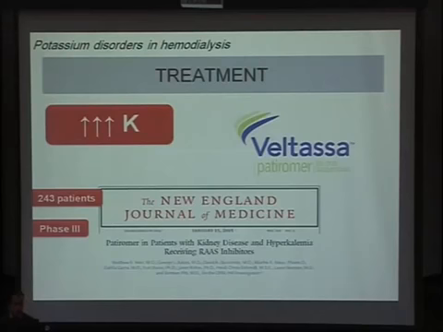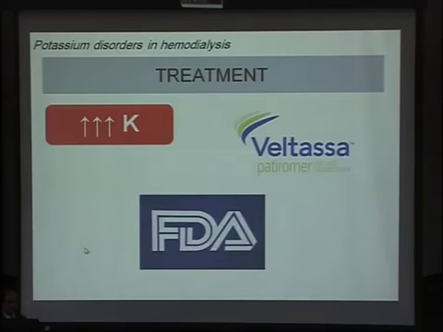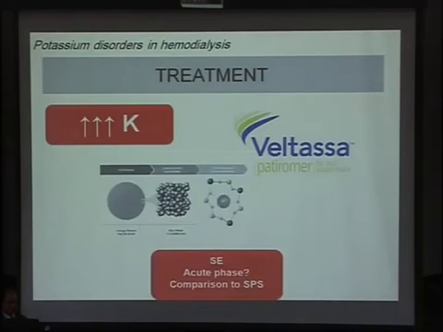Again, a very prestigious publication proved its efficacy in hyperkalemia, and it is FDA approved. However, both new agents are waiting for more studies to prove their efficacy in long-term patients and to compare them to the conventional cation exchange resins.